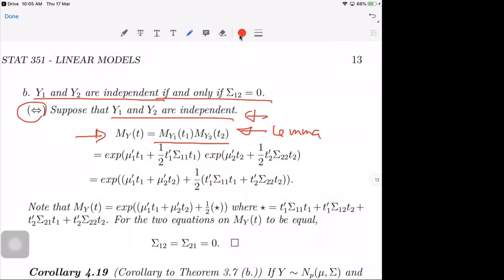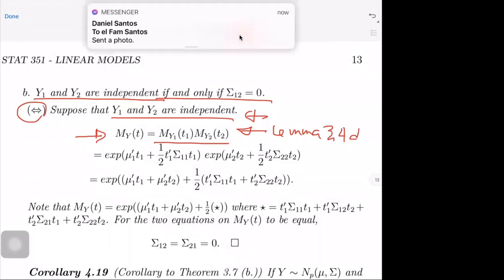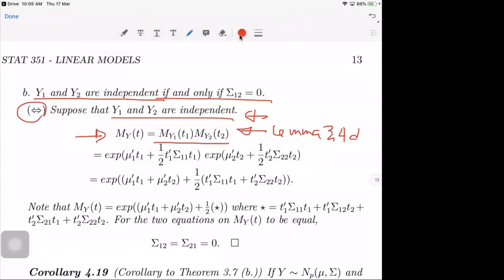So if you look at the book of Arnold, that will be Lemma 3.4d. So if Y1 and Y2 are independent, then you can factor the marginals by the product of the marginals.